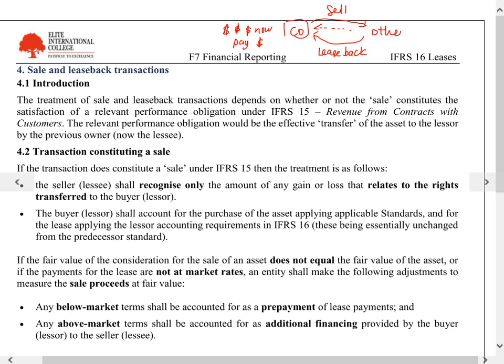Then when I lease back, I'm going to pay rental. I receive a full lump sum from the sale, and slowly I pay off the lease rental. So is this one of the ways to raise cash without affecting my operation? Yes. Sale and leaseback, because I got one lump sum here, and then slowly I'm going to pay back.